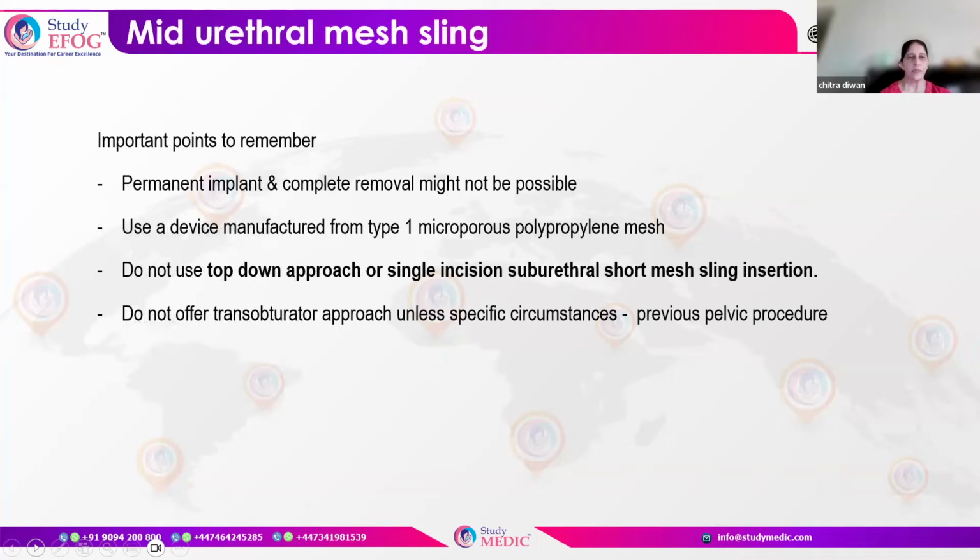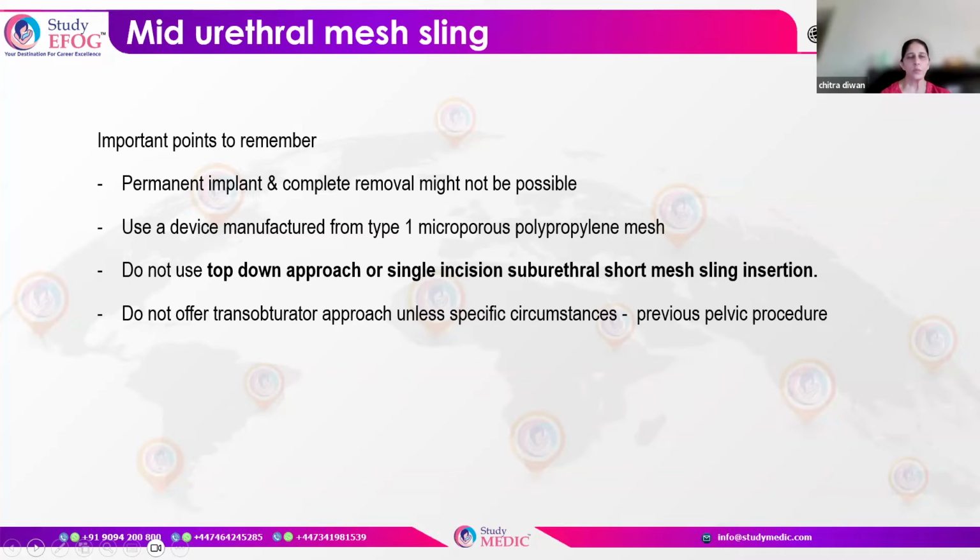Coming to mid-urethral slings, the important points that you have to remember here: these are permanent implants and complete removal might not be possible. Whenever you are offering this, remember to use a device manufactured from type 1 microporous polypropylene mesh. Do not use the top-down approach.